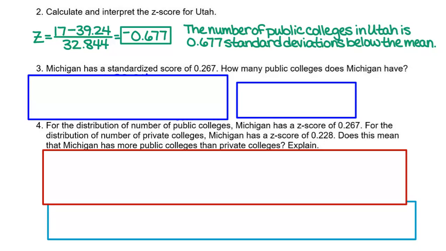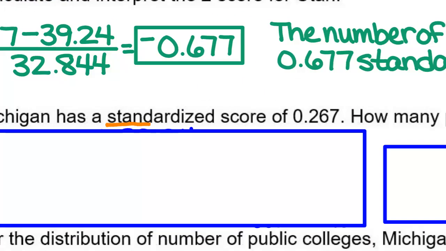Michigan has a standardized score of 0.267. What does that mean? What does standardized score mean? Z-score. Standardized score means the Z-score.